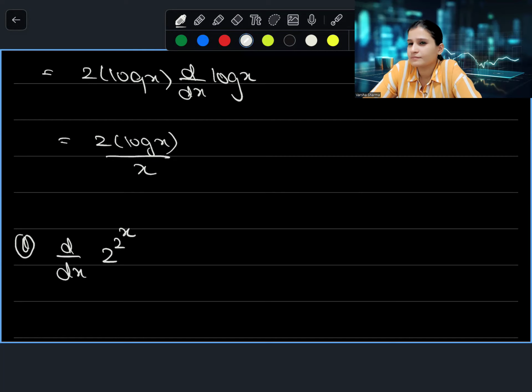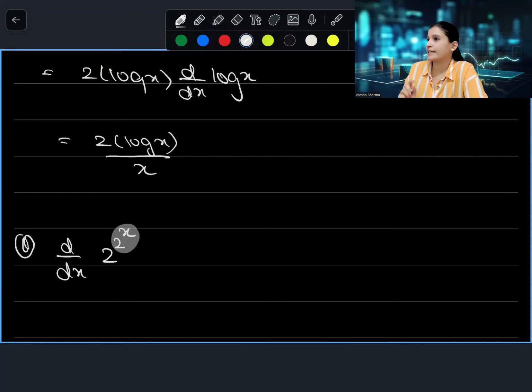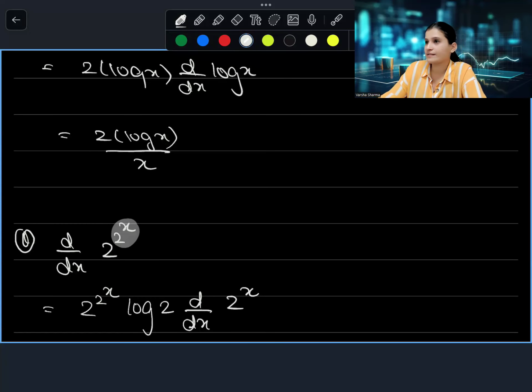Is it 2 to the power 2 to the power x log 2 into 2 to the power x log 2? Very good. First we'll treat this as 2 to the power x, so this entire expression is x. What's the formula for 2 power x? 2 power x log 2 into the differentiation of the term that is written instead of x.